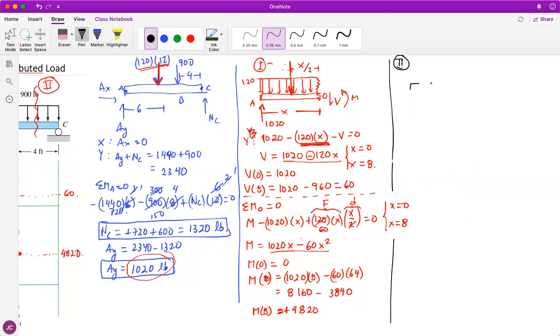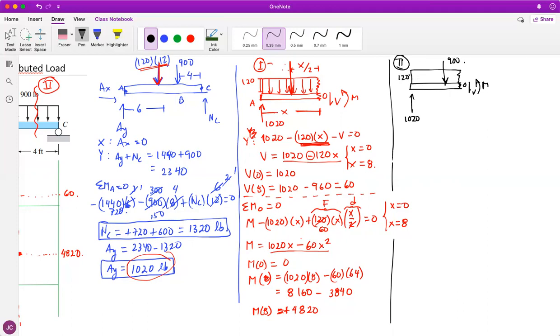Now for section 2, I still have my chunk over there, same stuff. I have this 10, 20 going up. I have this O, the V, the M. Nothing changed so far. But then I have all this chunk again, and then I see this body over here, which is the 900.